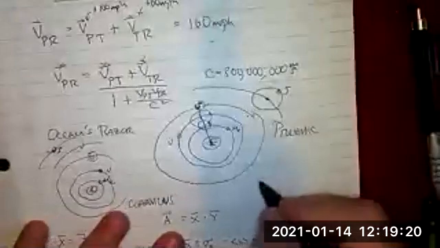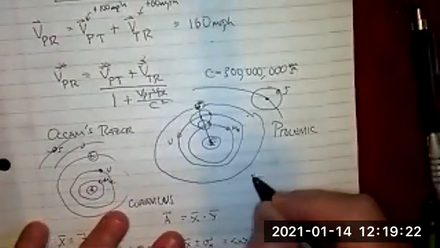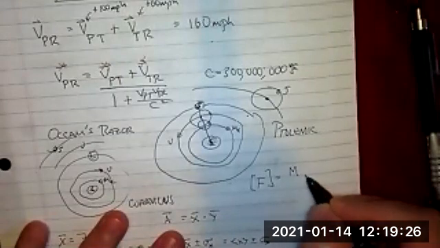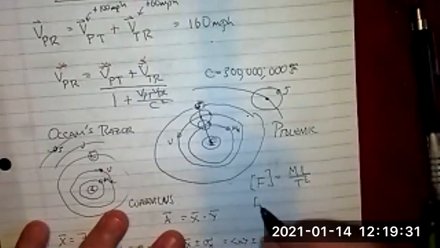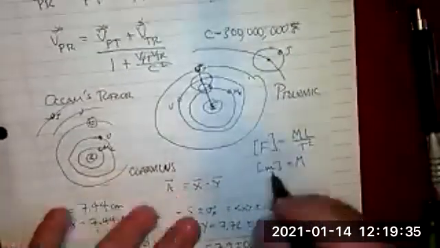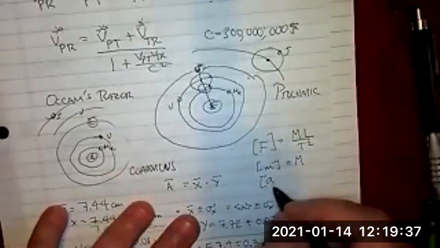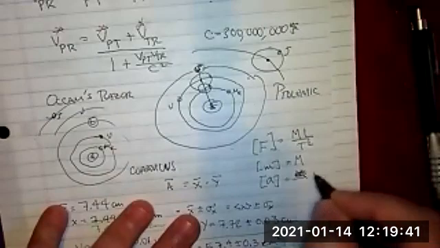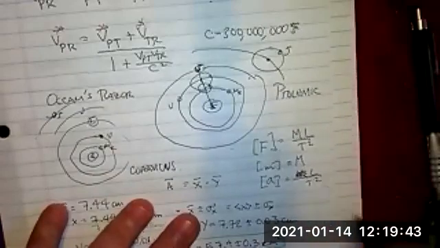If I know that force dimensionally, and this is how we write dimensionally, I know it's mass times length over time squared. I know that mass is just dimension M, and I know that acceleration is just L over T squared.